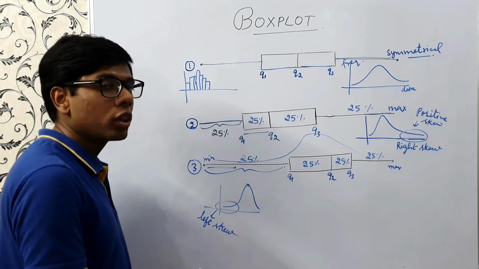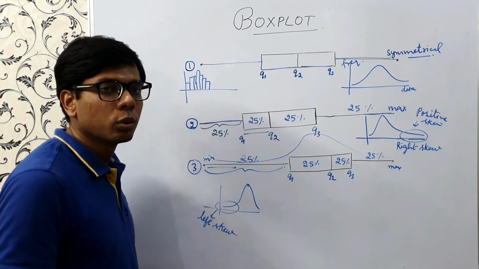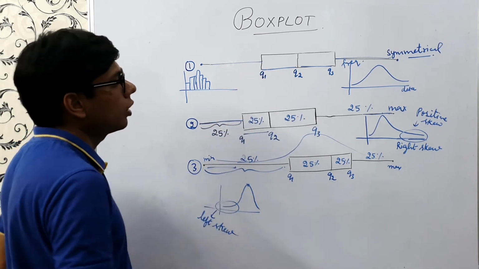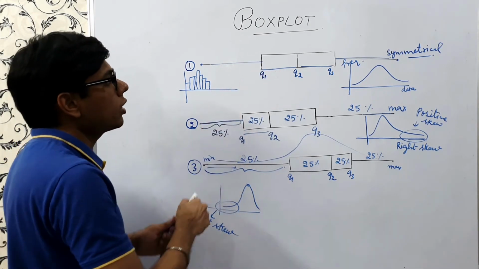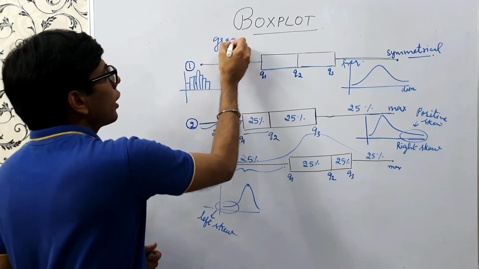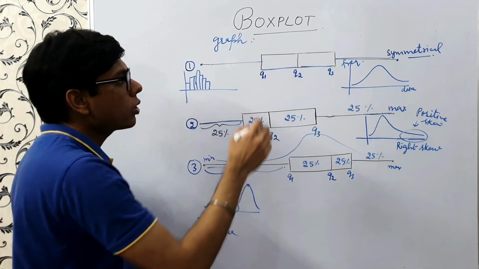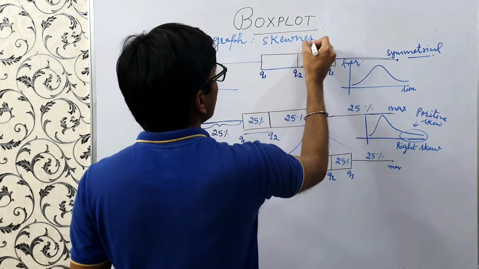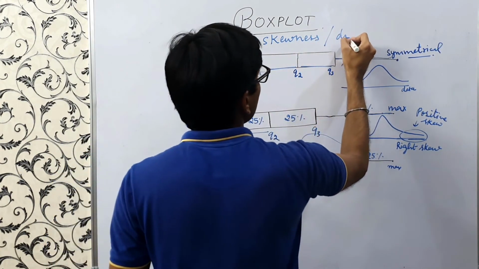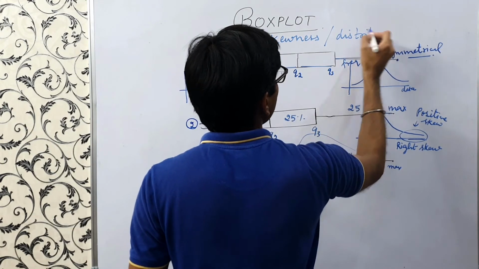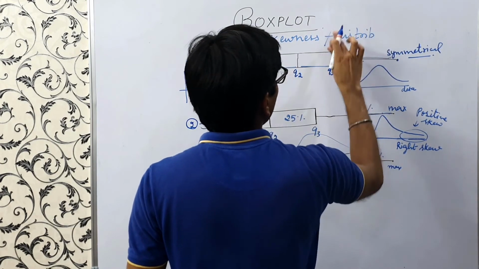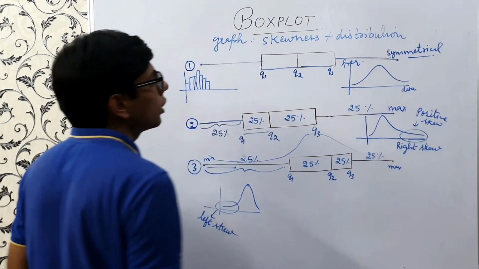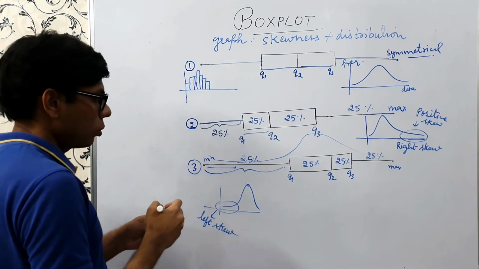We discussed all these things in the skewness video, so if you haven't seen that, please check that out. So boxplot is the graphical representation which helps us to depict the skewness of the data and the distribution also. Skewness plus distribution, that is, how the data is distributed.